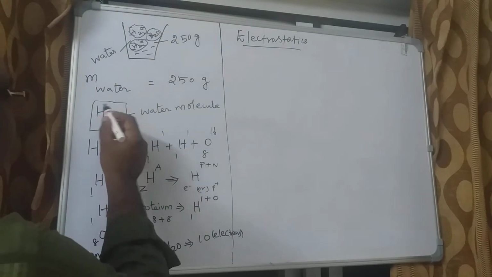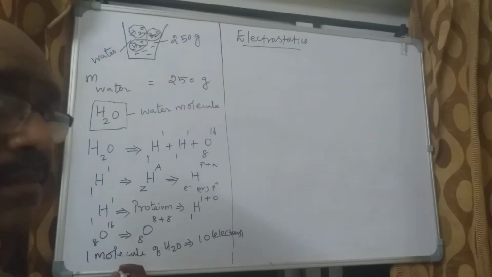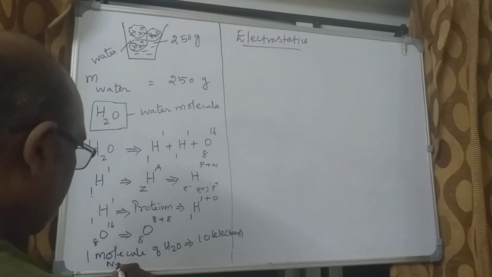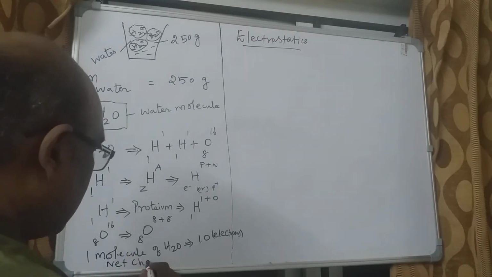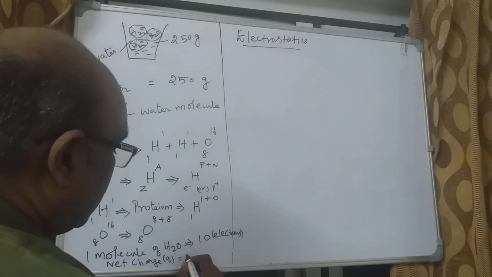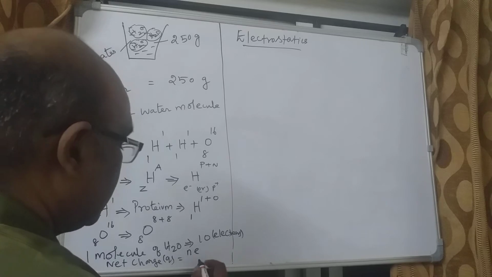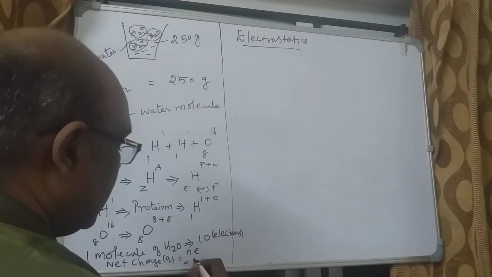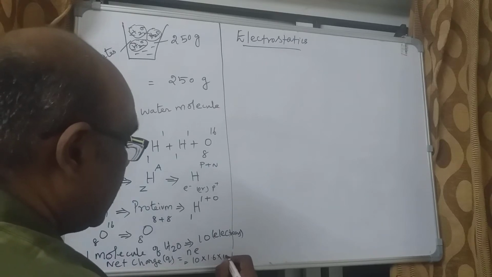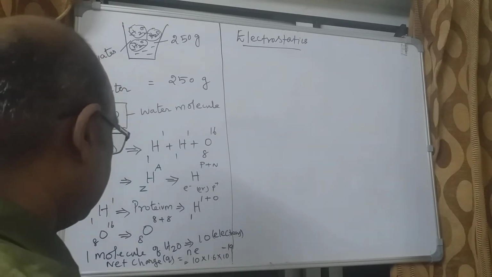So, what is the net charge of this one molecule? We are going to find the net charge. Q is equal to, we know the formula, N into e. Here N is 10 into e is 1.6 into 10 to the power minus 19.